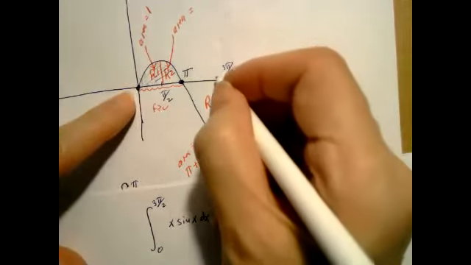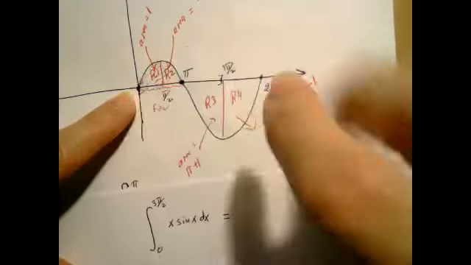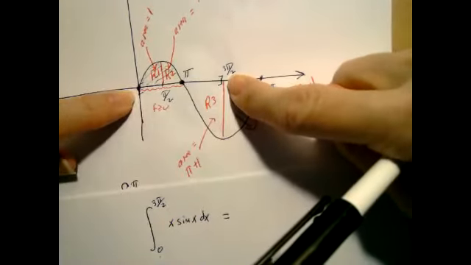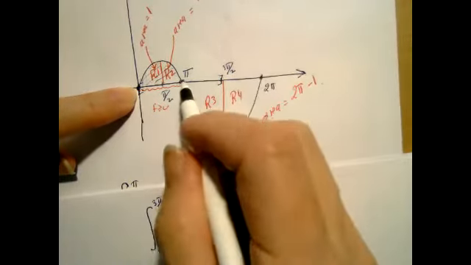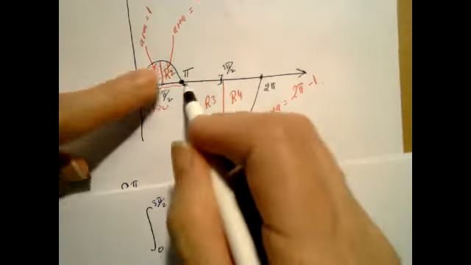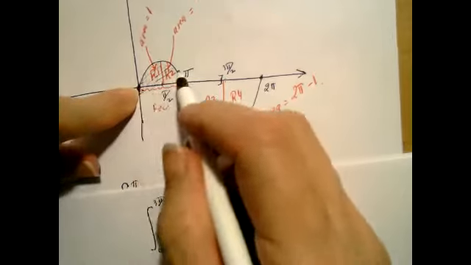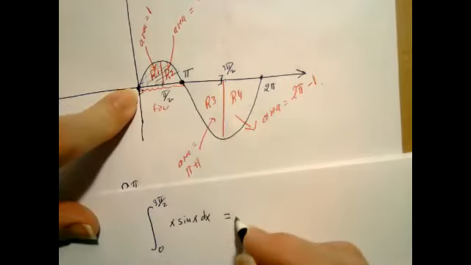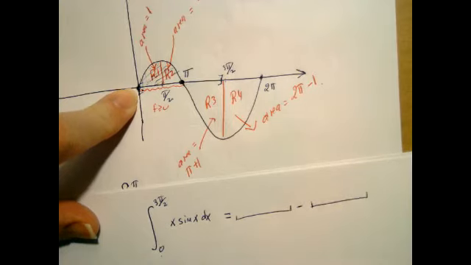First, that's my lower limit, my upper limit. I have to look at it. From 0 to 3 pi over 2, the function is not always positive. It's positive from 0 to pi, and it's negative between pi and 3 pi over 2. So the integral is the area of the region above the x-axis minus the area below the x-axis.